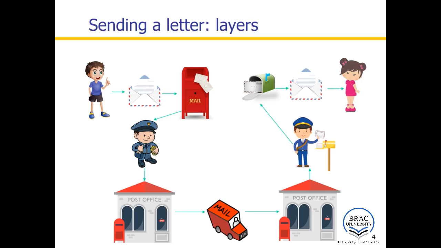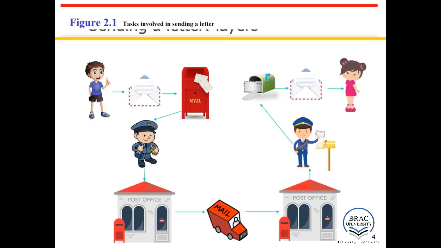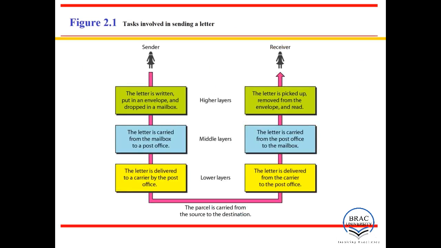Let's take a look at the detailed information shown in this figure. Here is the detailed information, and with the sender and receiver shown, we have three layers involved. The higher layers are the steps involved in sending the letter: writing it and dropping it in the mailbox on the sender side, and on the receiver side, picking up the letter and reading it.